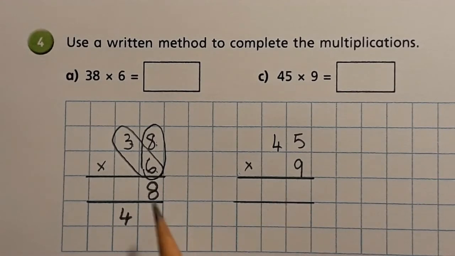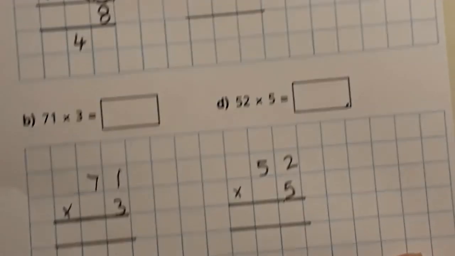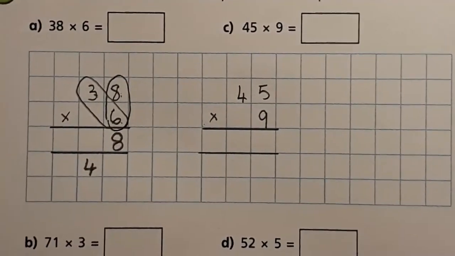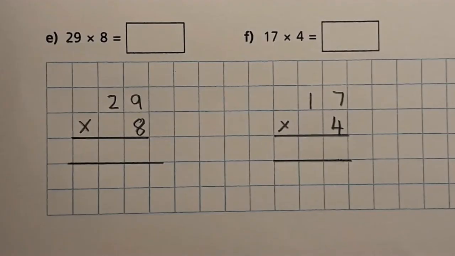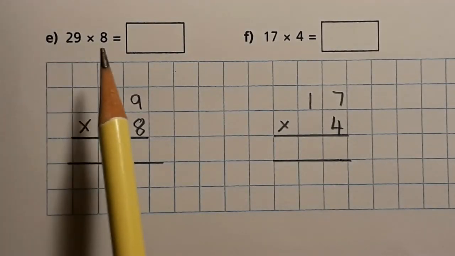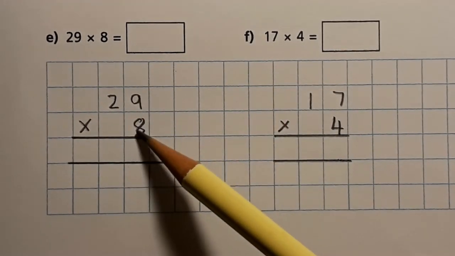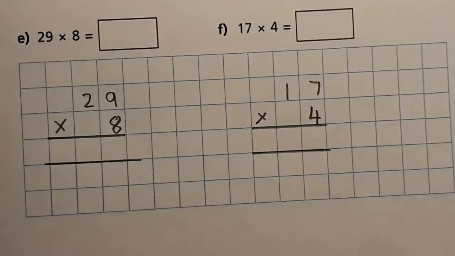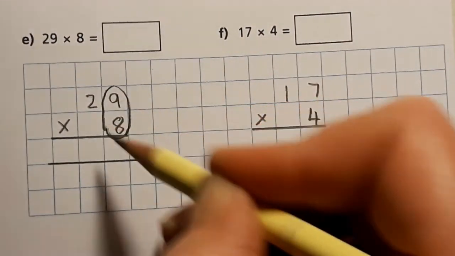All right, so use that method for A, B, C, and D. And over the other side of the page for me is E and F as well. So use that method. 8 times 9, that would be your first part, which is 72.